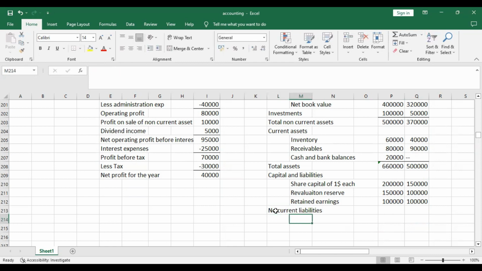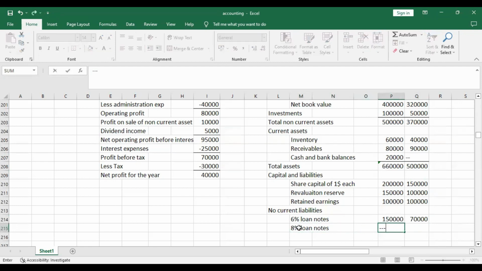In that, let me take 6% loan notes, 1,50,000 and 70,000. Let me assume. Then there are 8% loan notes. The 8% loan notes in the year 22 is 0, but in year 21 it is 30,000.